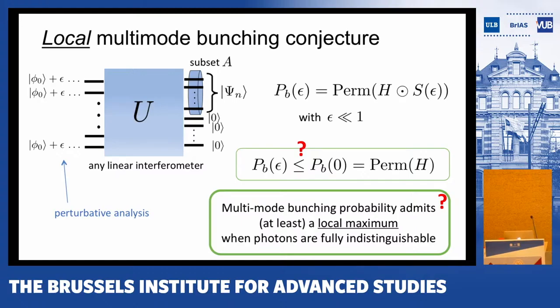This is what we call the local multimode bunching conjecture: the probability admits at least a local maximum near the case where the bosons are fully indistinguishable. This looks even more reasonable than the previous conjecture.